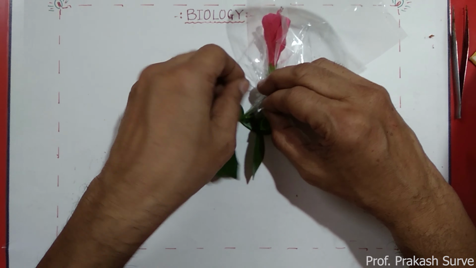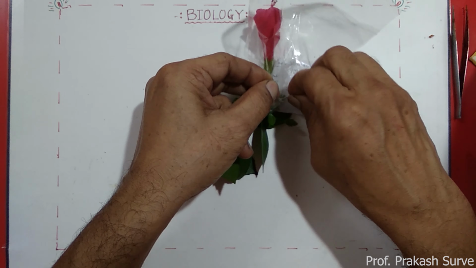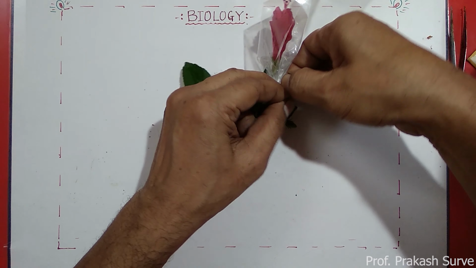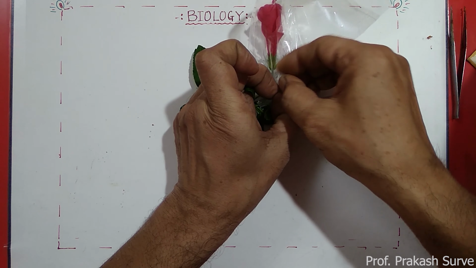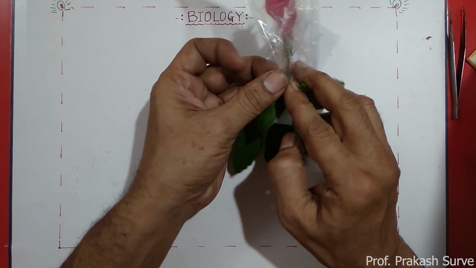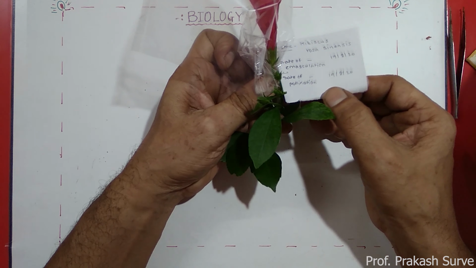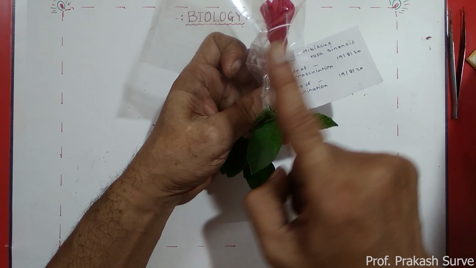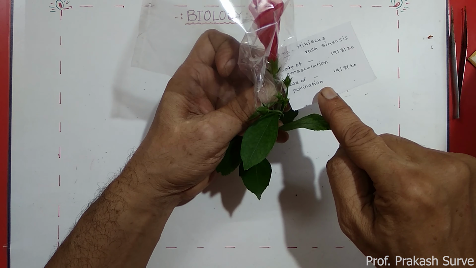Then you get the half mark for the identification, and then you have to write what is emasculation, what is bagging and what is tagging. So all the 3 you have to write in short for getting the half mark. Okay, so like that here the plant is there, flower emasculated with the plastic bag and with the tag. So what do you write here?